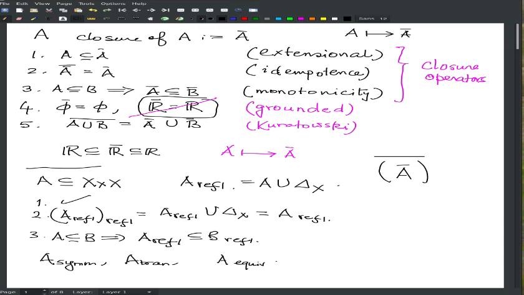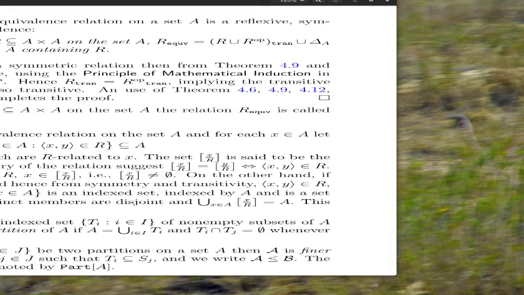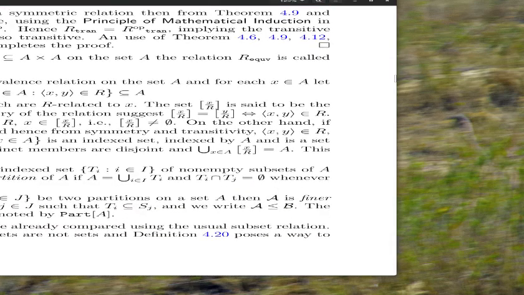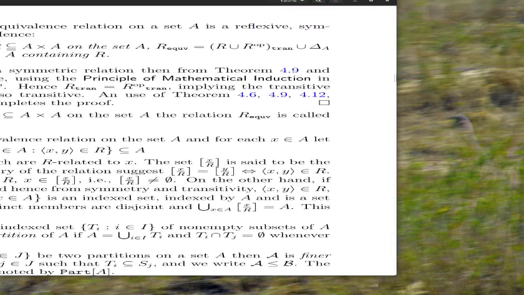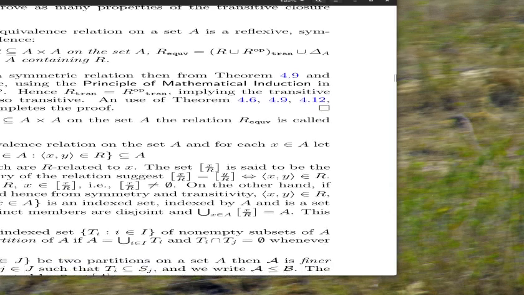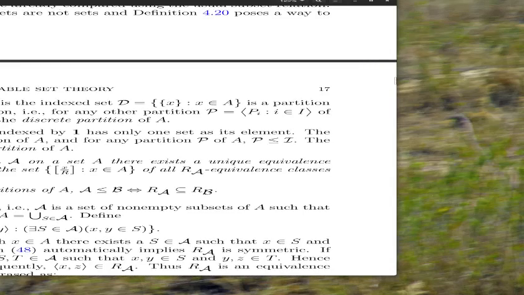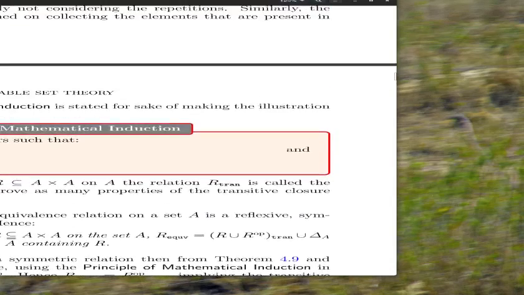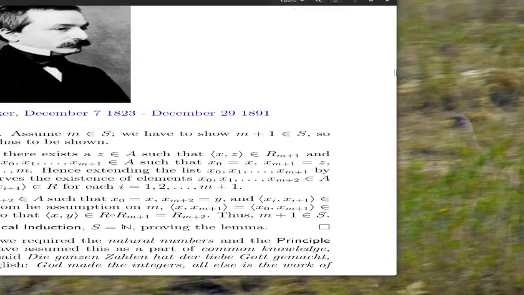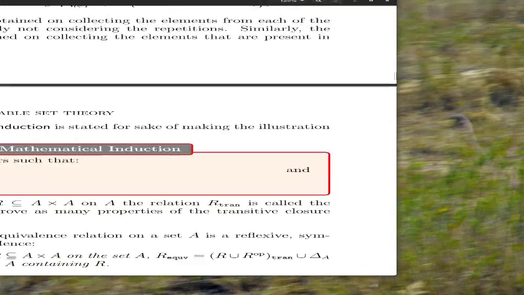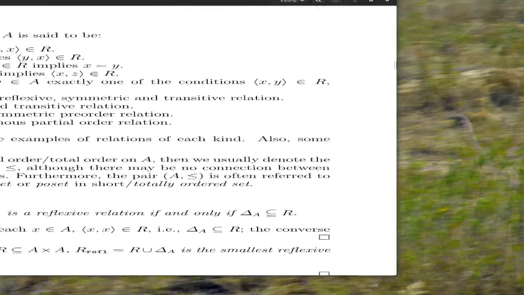Yes, Doc. 4.1.4, A to I. Is that part of the exercise as well? Because I can see at the bottom it says provide examples of relations of each kind. Definition 4.3, page 13. There's A to I, reflexive up until total order.